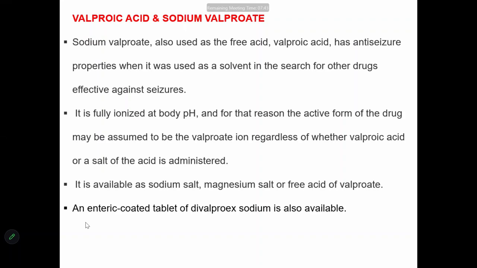It is fully ionized at body pH, and that leads to the formation of active forms of the drug, regardless of whether it's a salt or an acid. Of course, it's available as a salt of magnesium, we also have sodium, and then we have the so-called valproic acid. It is an enteric coated tablet.